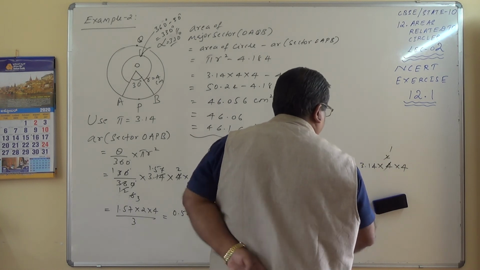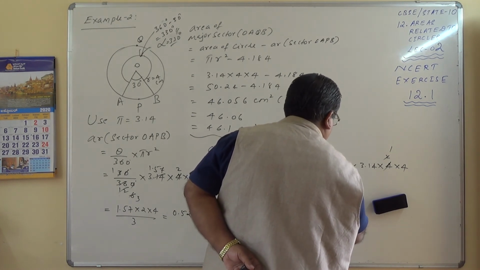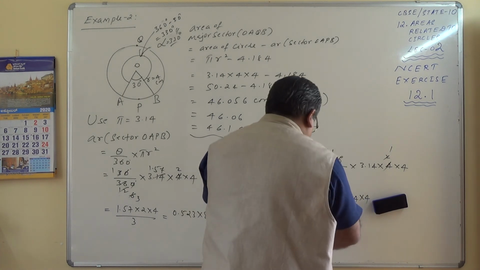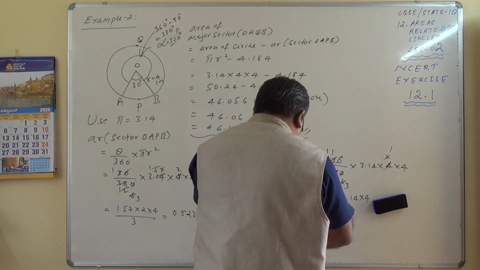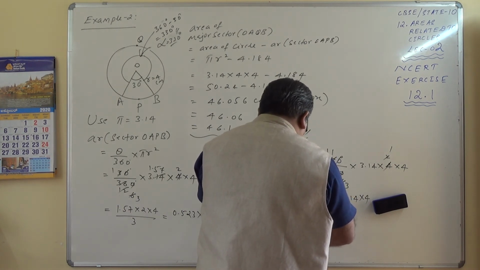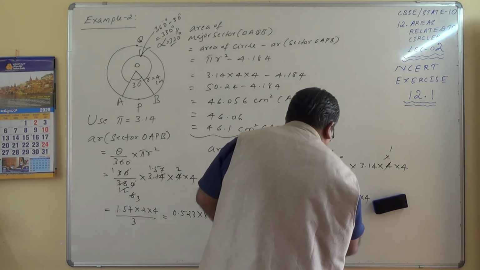Okay, correct. 11 by 3 into 3.14 into 4. How much are you getting? 11 by 3, we are getting 3.66 into 3.14 into 4. Yeah, 46.05.